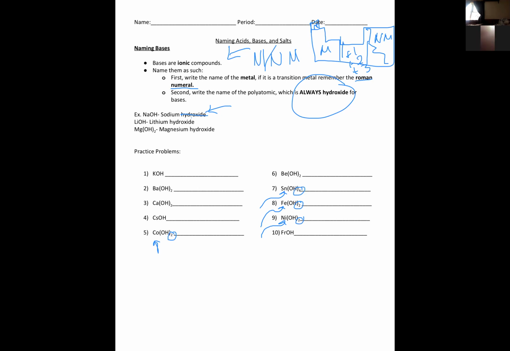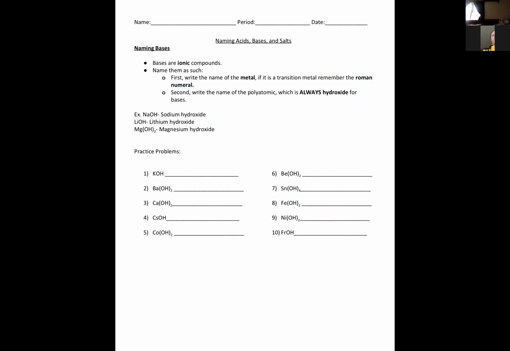So this one isn't just cobalt hydroxide, it's cobalt 2 hydroxide. You get the gist. This one isn't just nickel hydroxide, this is nickel 2 hydroxide. So again, you would write Roman numeral 2 and then hydroxide. So let's do another one.